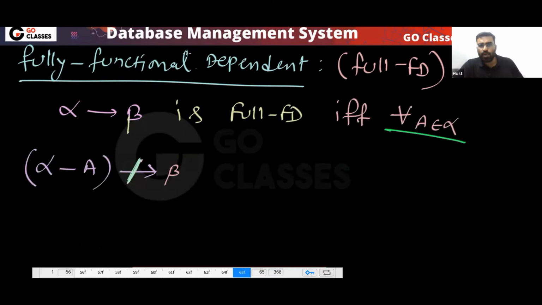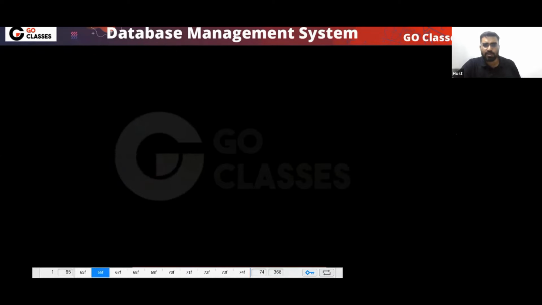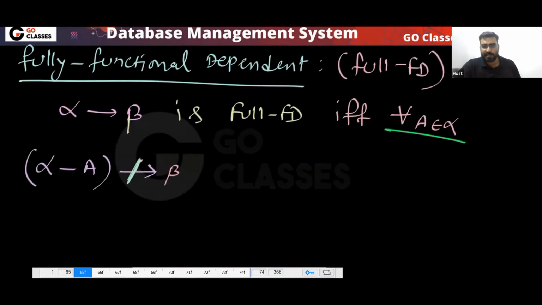So for all A belonging to alpha, if you remove this A from alpha, then alpha minus A cannot determine beta. This is the definition of fully functional dependency.